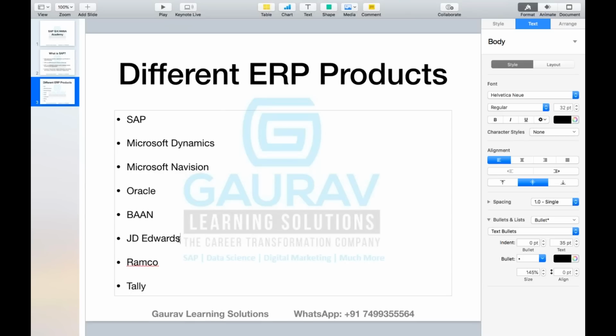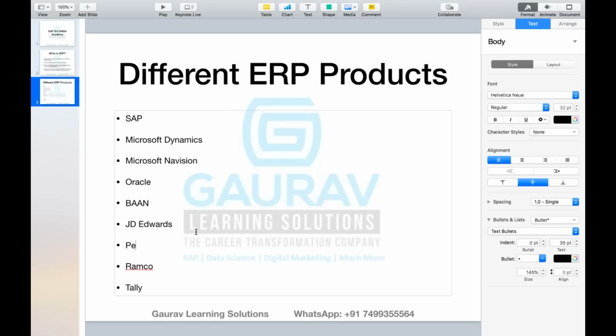But later on, when Oracle came into the picture, slowly Oracle acquired all these companies: JD Edwards, BAN, PeopleSoft. These various products were acquired by Oracle, and now they are part of Oracle itself.